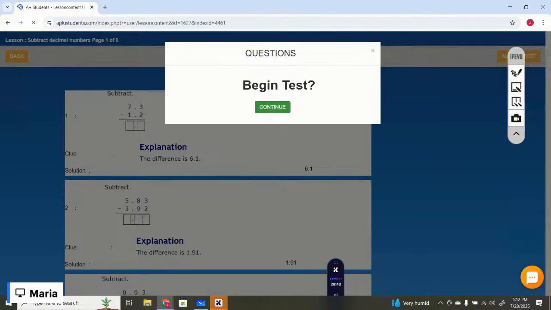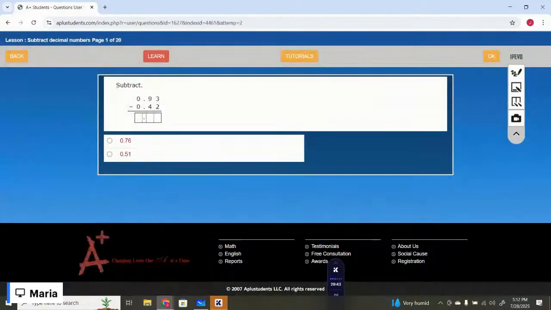The rest of the things are exactly same like we do this for the simple numbers. 3 take away is 1, 9 take away 4 is 5. So that is 0.51. Option number 2 is the correct option.